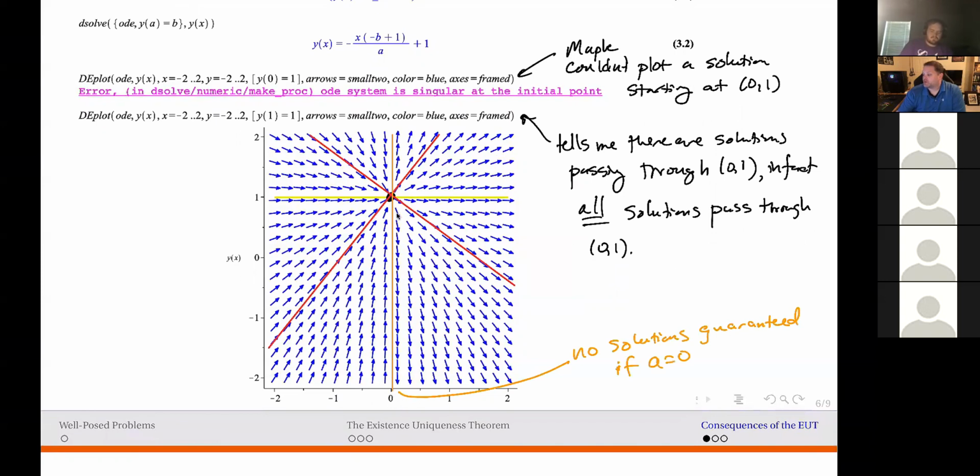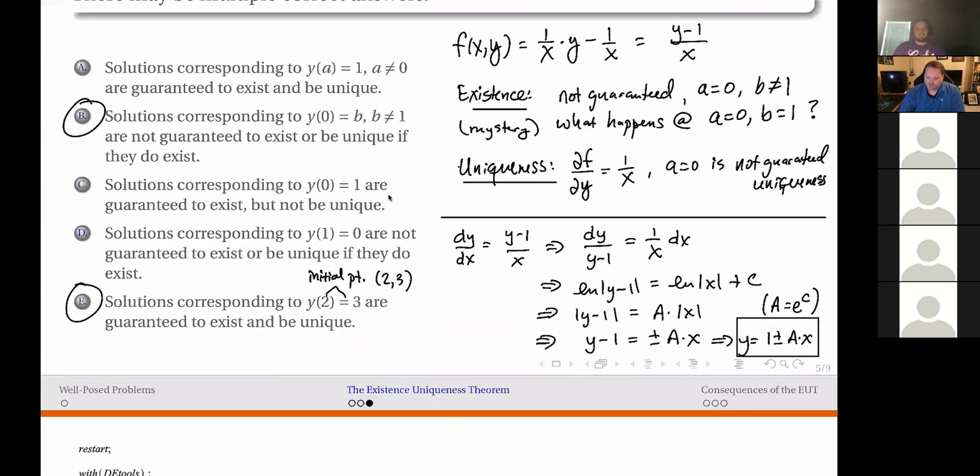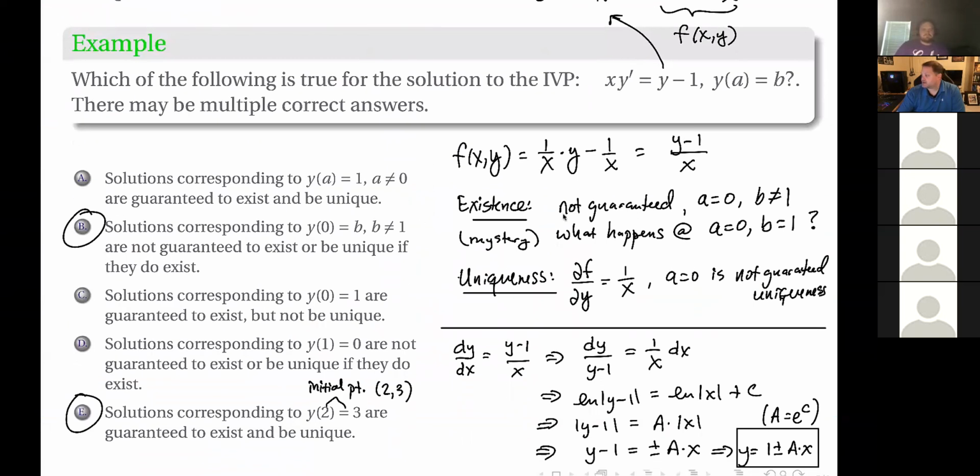So along this line where the slopes are starting to become vertical, we should not expect solutions along that line. Now, did we get some? No, we didn't get any. There are no solutions on this line except at 0, 1. So we weren't guaranteed existence at 0, and we weren't guaranteed existence along the vertical axis, except potentially at 0, 1, where it turns out we had existence, just not uniqueness.